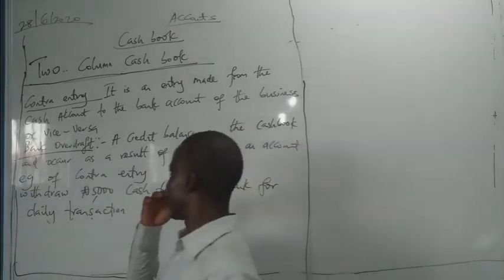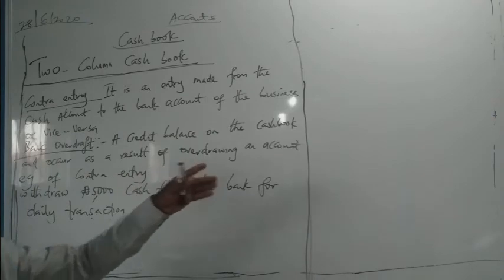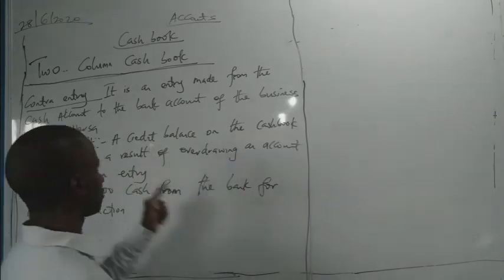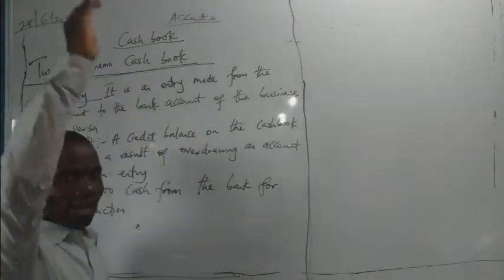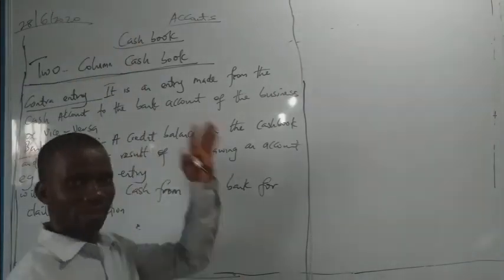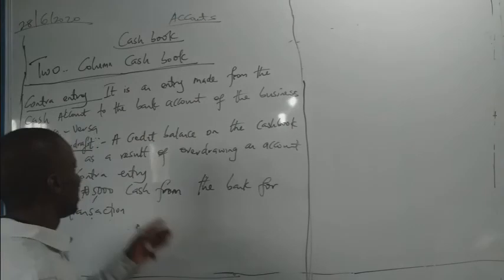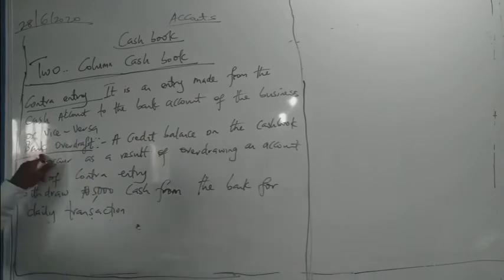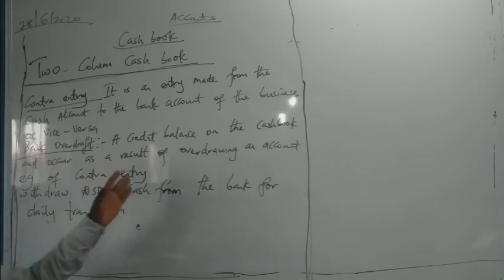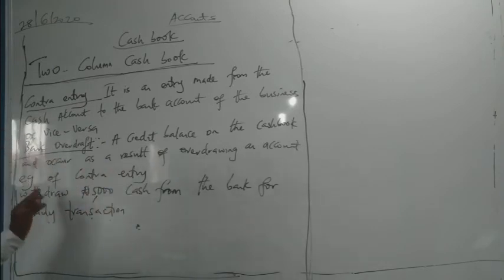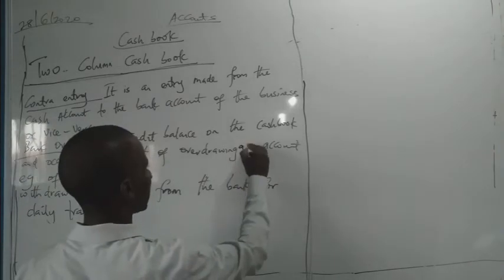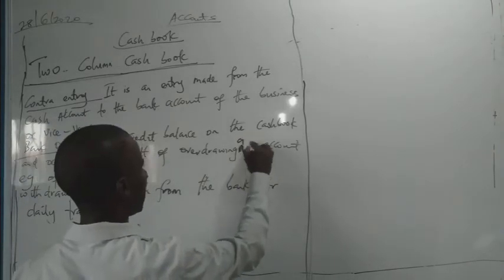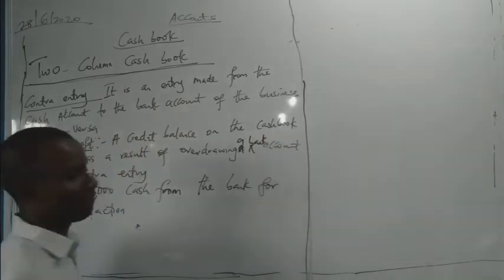Now, bank overdraft. This one, just as I told you when I was solving the one column cash book, I told you when there is a credit balance, that means when the total of the credit balance is greater than the total of the debit balance, that situation is what is called bank overdraft. And it occurs as a result of when you overdraw a bank account.